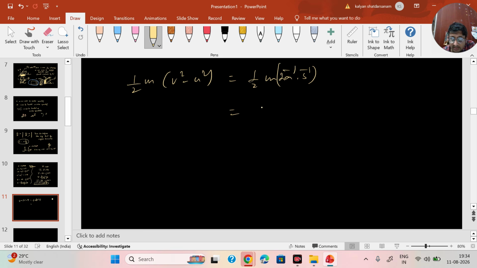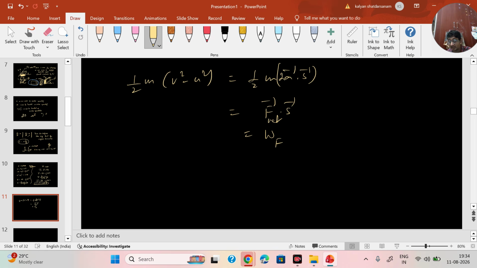Half and 2 get cancelled. Ma is F. F dot s is work done by all forces provided they are all constant. Net force. It's a constant force you can write. So it's the work energy theorem actually. V square minus u square is 2 a dot s is actually an equation which connects you to the work energy theorem for constant net force.